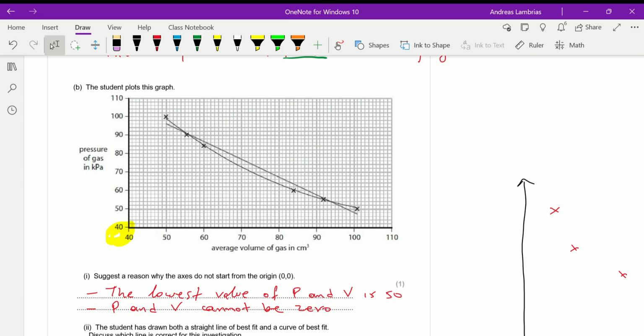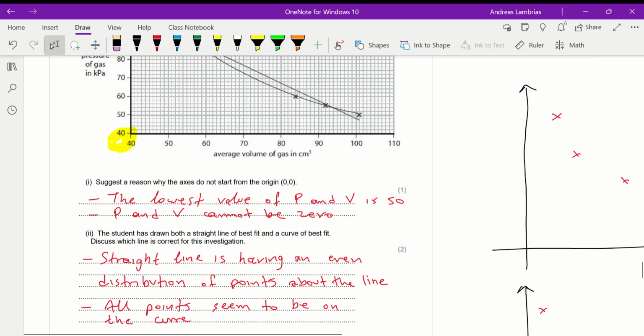So starting from 40 is because the lowest values for pressure and volume are 50, and in reality, can the volume be 0? No, the air inside the syringe, the particles, always have some volume. It's not possible to take the volume to 0. So it doesn't make sense to have any values near 0.